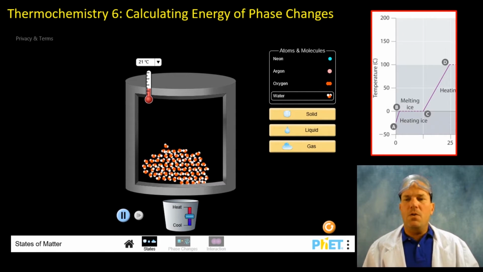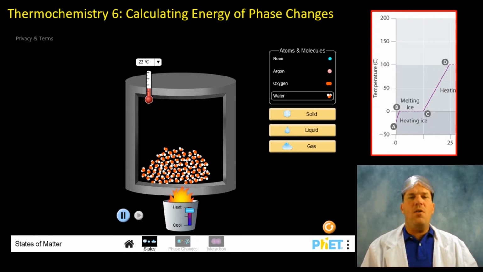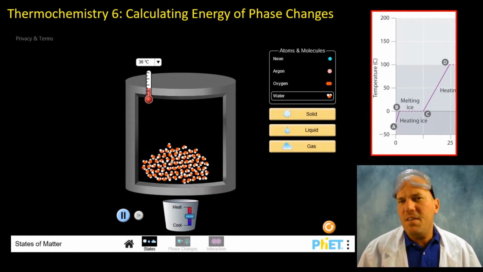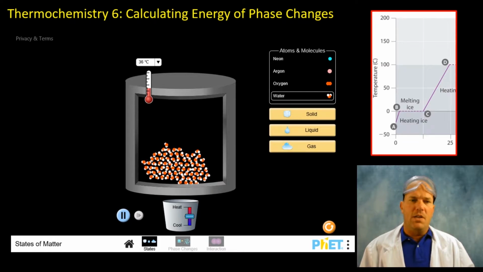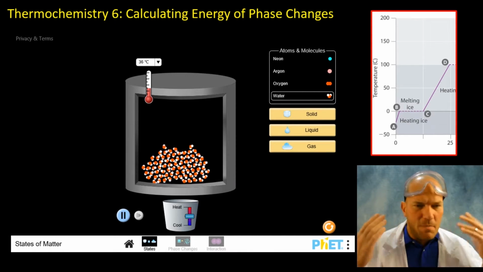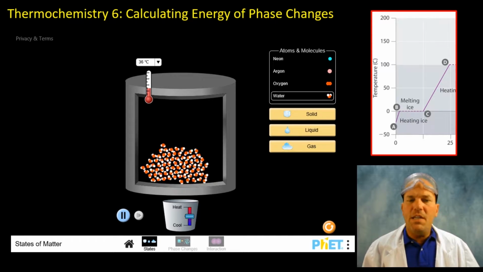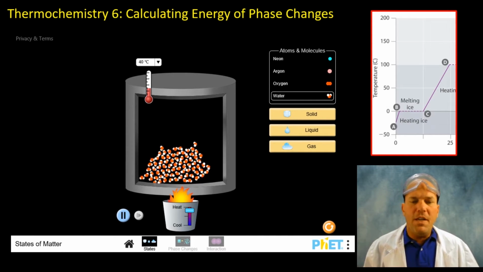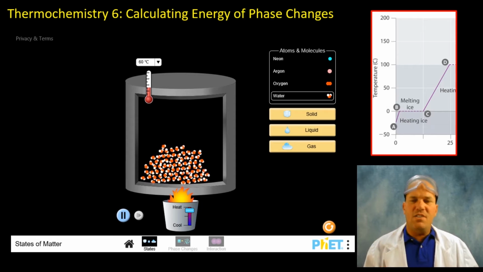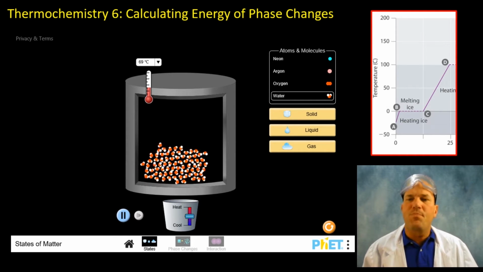Okay, so heating it up now, we can overcome many of the intermolecular forces. So we are now at 36 degrees Celsius, and we can see these molecules moving as heat energy is put into the system.